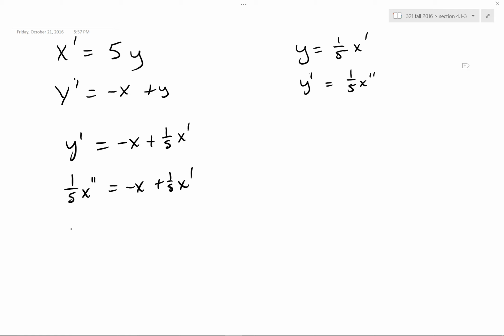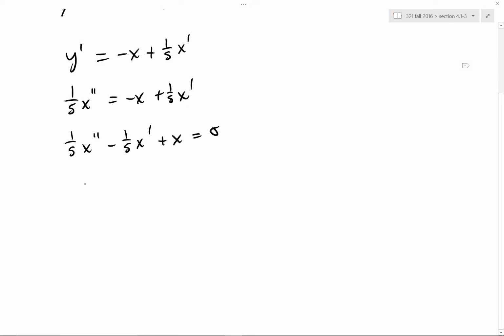Well, if you bring everything over to this side, and then times everybody by 5, because I don't like fractions that well. I don't have the patience for them anymore. Let's get rid of the fractions.